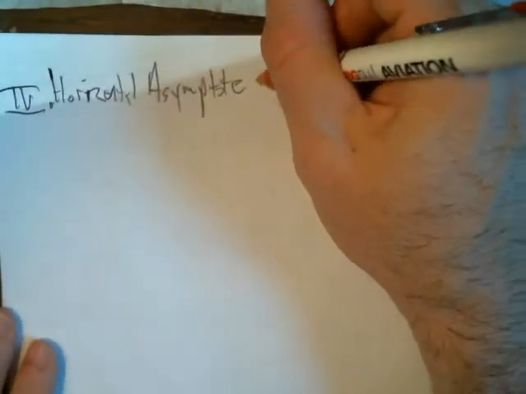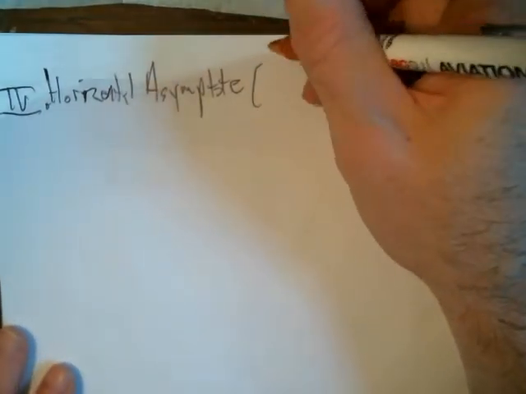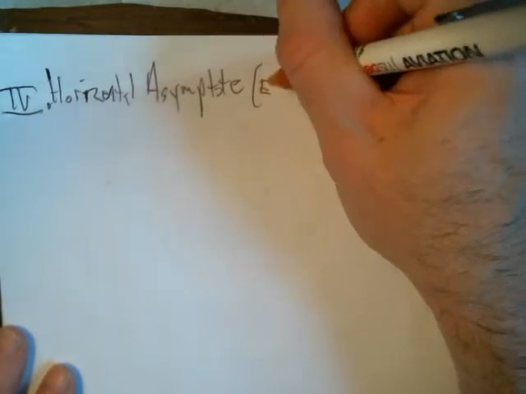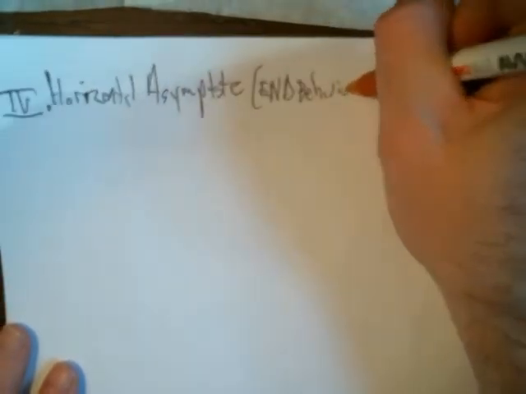You can actually cross horizontal asymptotes, and what these things really do is tell you what the end behavior is. So we're talking about the end behavior of the graph. In other words, what happens as x goes to infinity or x goes to negative infinity.